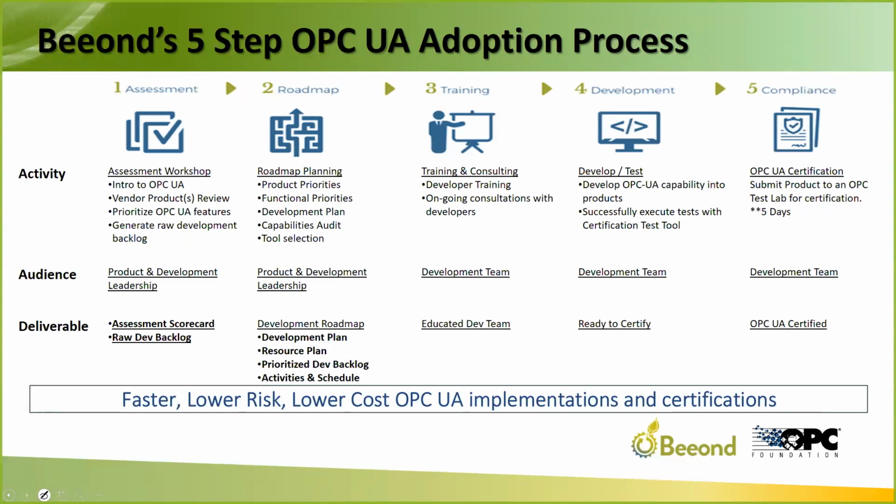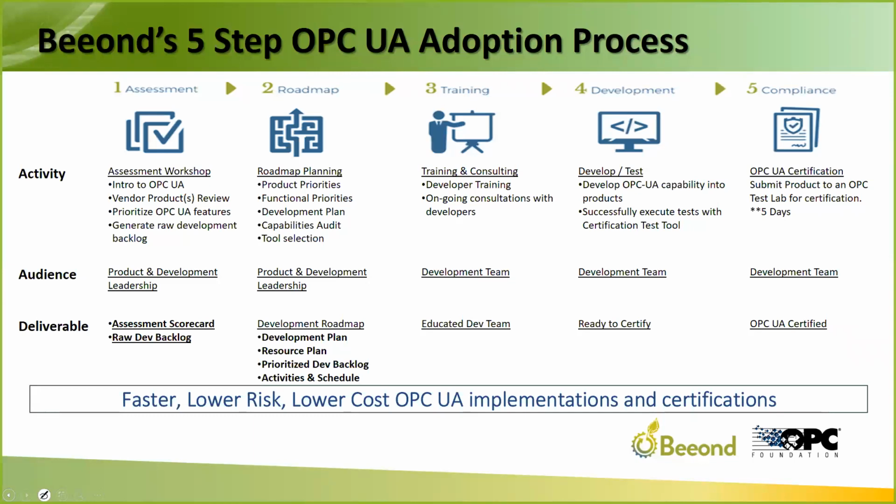I'll walk through each of the steps at a high level, but the first 2 steps go together as a package, the assessment and the roadmap. For a company looking to implement OPC UA in their products, these 2 steps would be provided to really define the scope and the requirements.